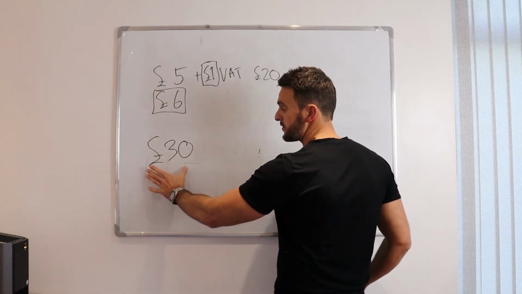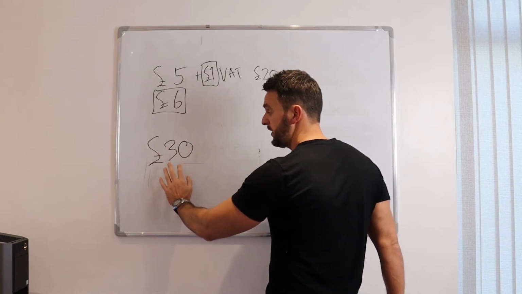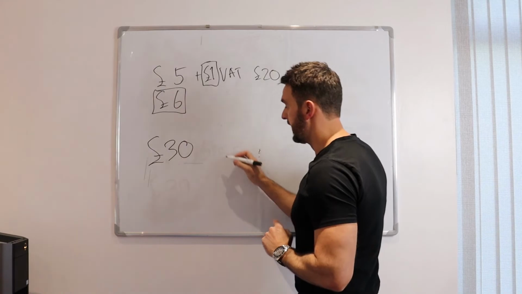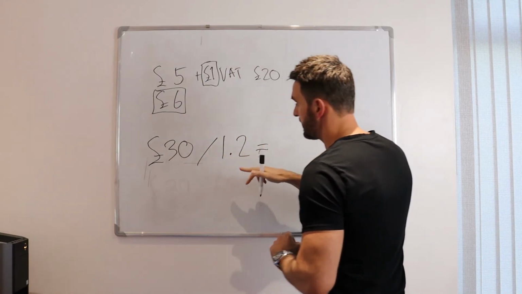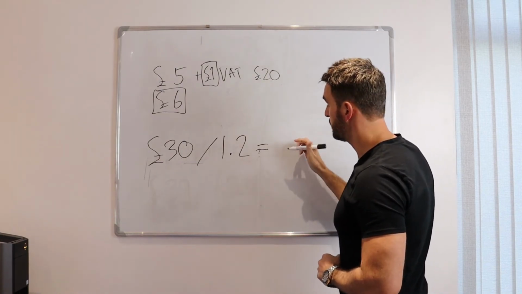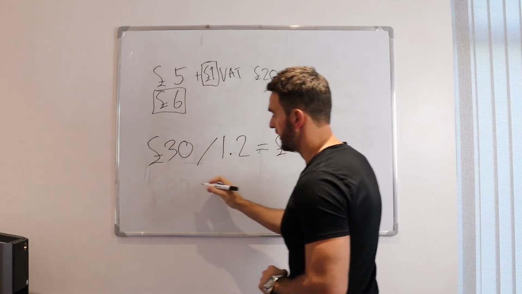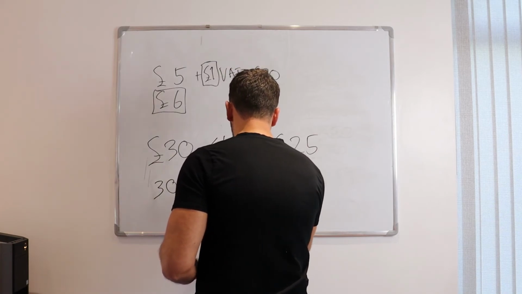In other words, there's no more that we've charged our customer at the point of sale. So we need to find out what our exclusive figure is. Again, divide that figure by 1.2, and we get our figure excluding VAT, which in this example was 25, meaning that 30 take away 25 equals 5.